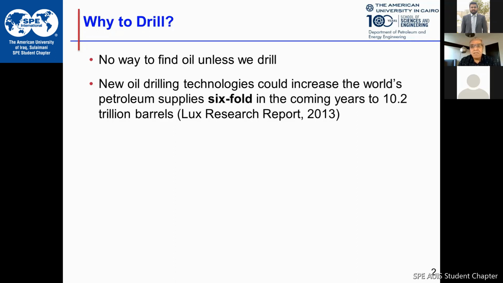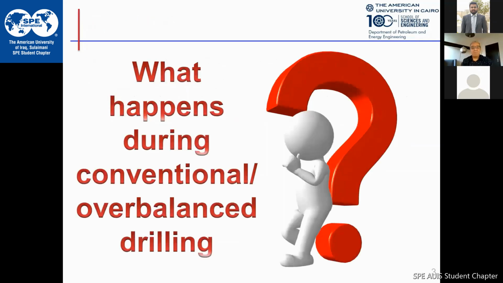And of course, drilling has developed since the 18th century, and lots of technology development took place. It was stated that if a proper technology is utilized, the production can be increased by 6-fold. Imagine nowadays the world is producing almost 100 million barrels a day, and after 10 or 20 years, the production will be 600 million. And nowadays we have problems with the market, and imagine if the number is sixfold, or increased by 6 times.